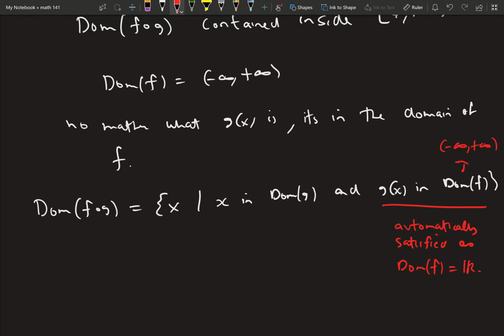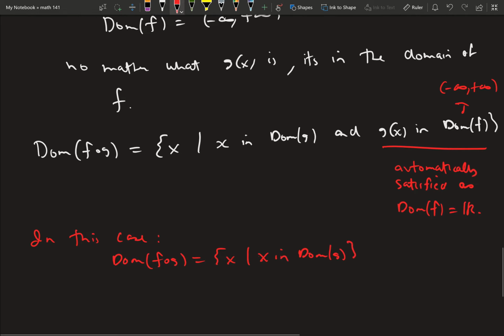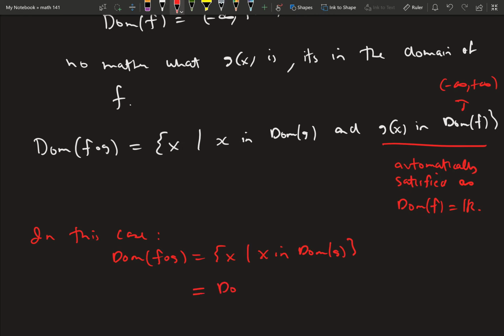So in this particular case, the domain of f composed with g is just all x where x is in the domain of g, which means it's exactly the domain of g.